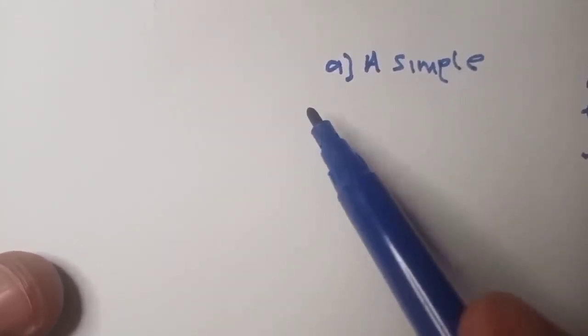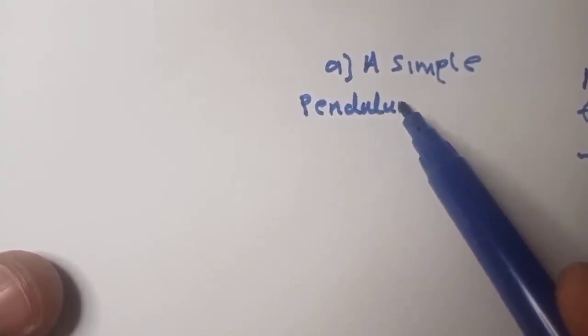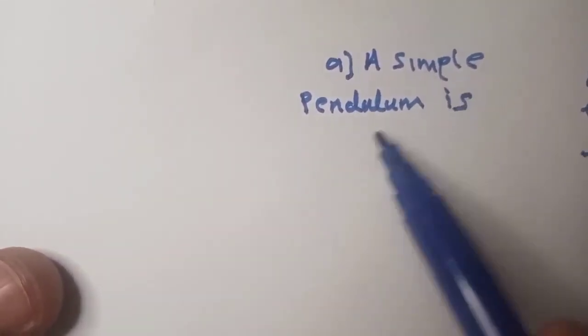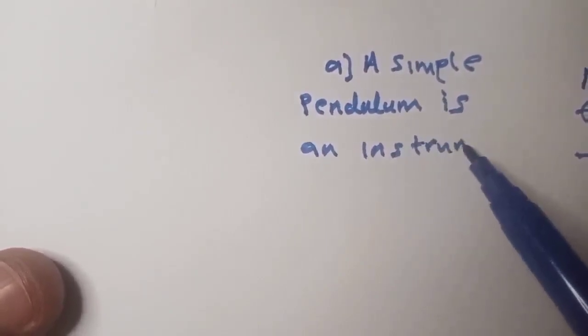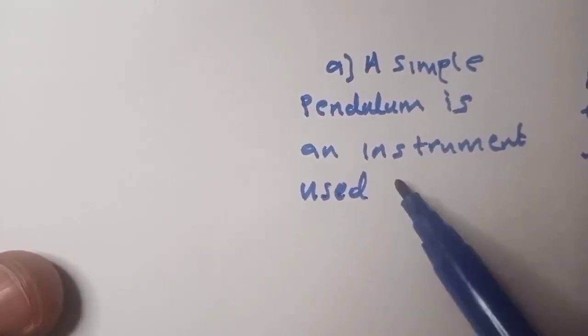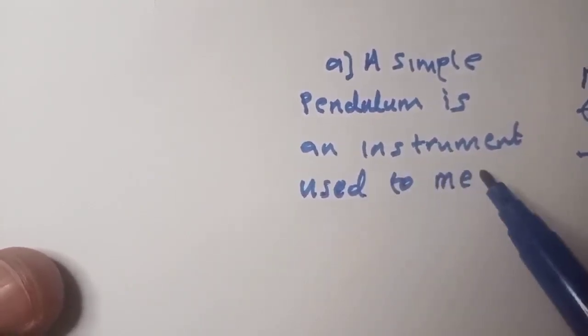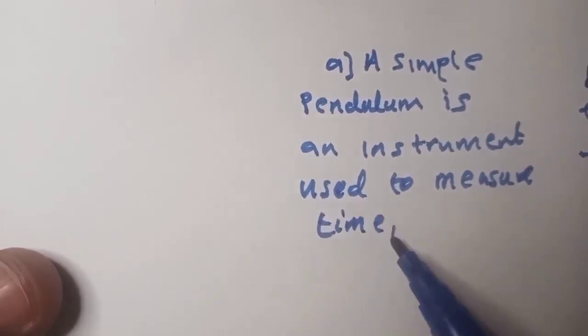So we say a simple pendulum is an instrument used to measure time.